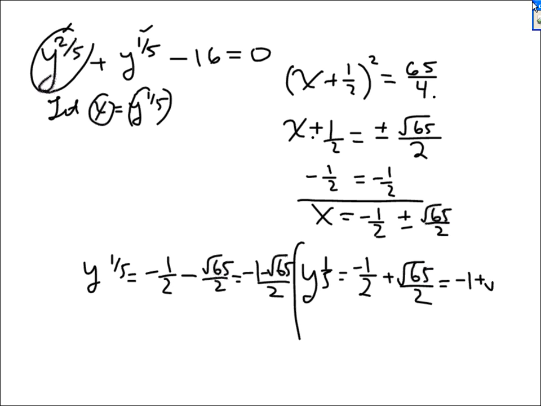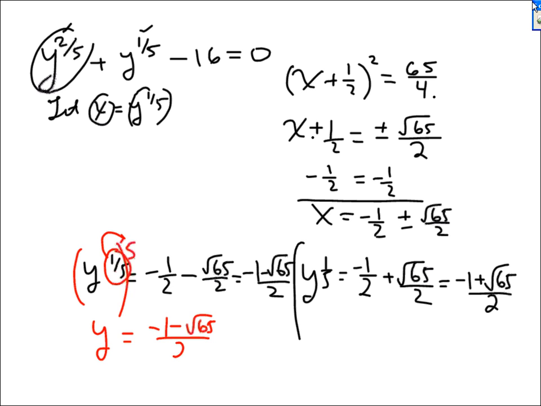Negative 1 plus the square root of 65 over 2. That's what y to the 1/5 is. Well, I don't want to know what y to the 1/5 is. I want to know what y is. So you raise it to the fifth power, because when I multiply those powers, I get 1, and y to the 1 is y. So y is equal to negative 1 minus the square root of 65 over 2, to the fifth power.